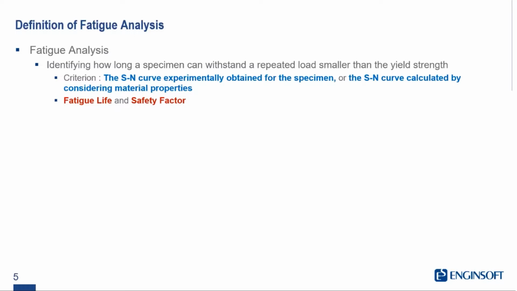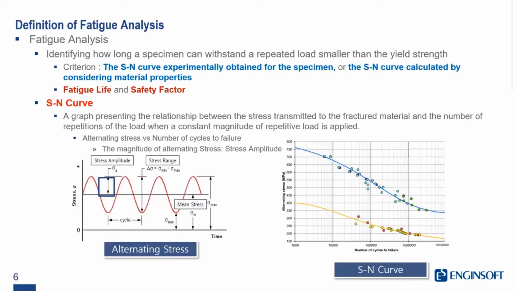If we know this needs to be in the field for 10 years and we know that it's going to be spinning at 500 RPM, for example, we can figure out how many cycles this object is going to experience, and if our warranty goes out through 10 years, we need to make sure that we have a high confidence it's going to actually last that long. Only we can't spend 10 years testing that. So what we can do is use material tests to figure out what our expected number of cycles is.